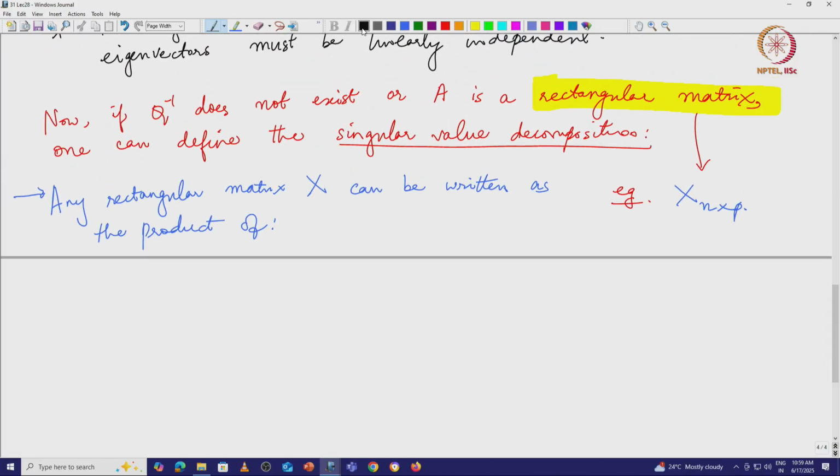The first is a so called unitary matrix, a unitary matrix U of size n by n whose inverse equals its Hermitian transpose.